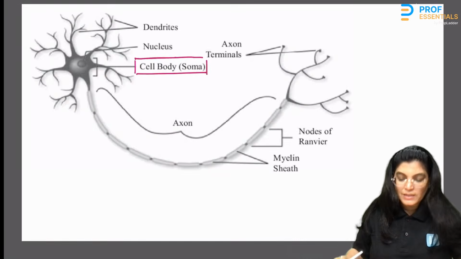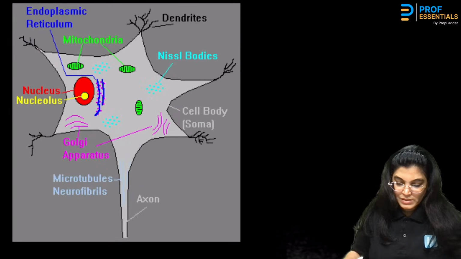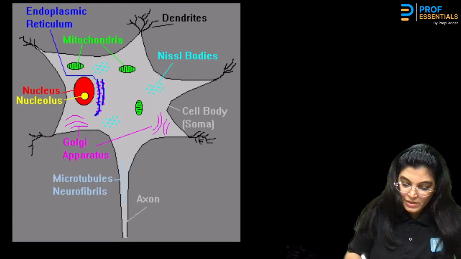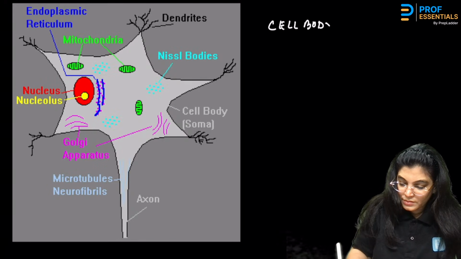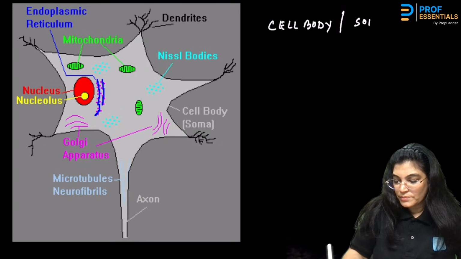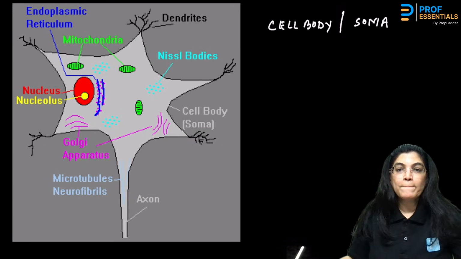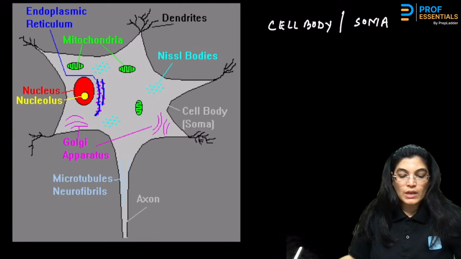And also we can see the processes. One by one I will tell about each and every aspect. So first let's write the important points. Cell body, which is also called soma. Okay, all the names you have to know. What is the other name?